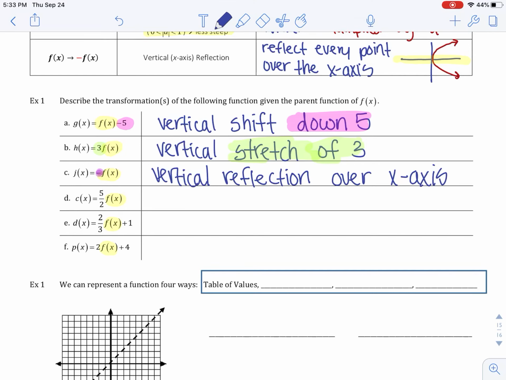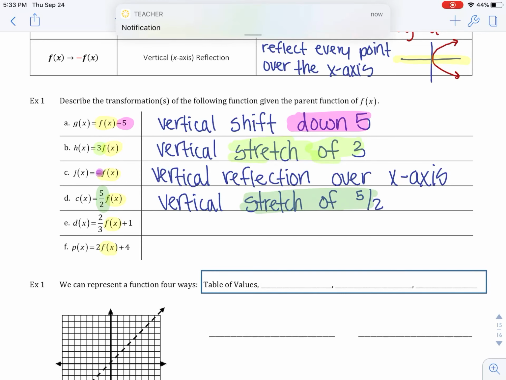Awesome. The next one doesn't have a negative. It has that fraction. That fraction is in the front, in the beginning. We stretch in the beginning of our day. So it's a vertical stretch of 5/2. Awesome.